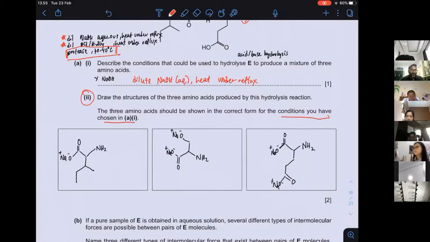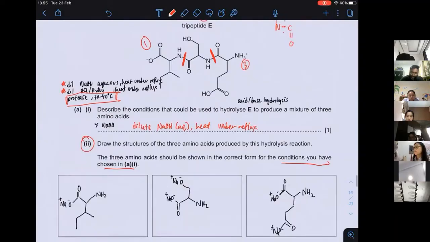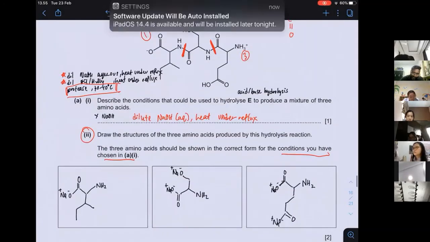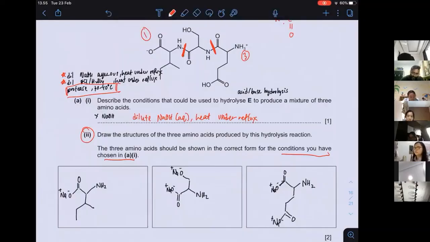The final answer will be something like this, where when you are using dilute sodium hydroxide, when this one is broken, you see here, you are going to get this molecule, and then this part that I broke over here, you will get NH2. Just put another H over there.